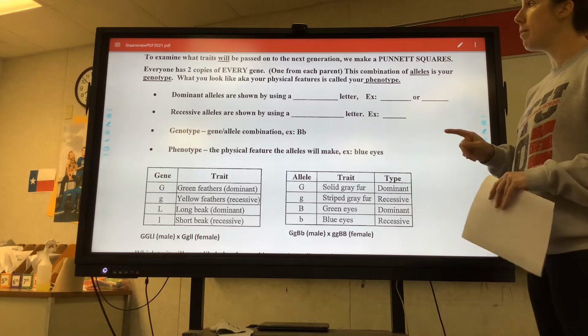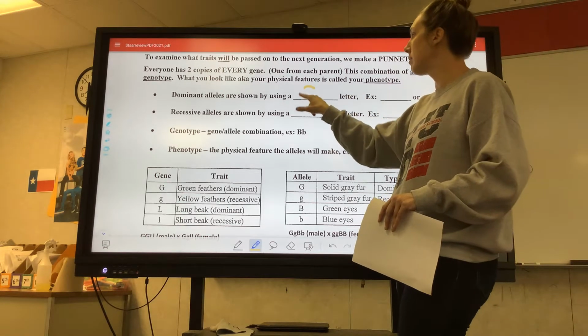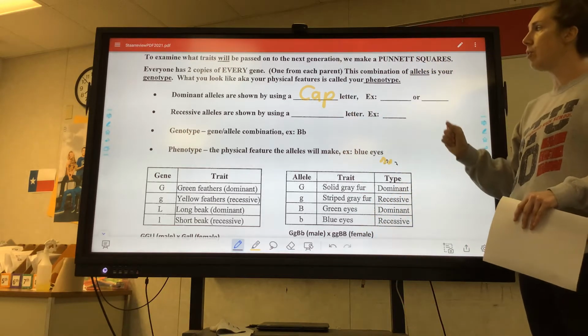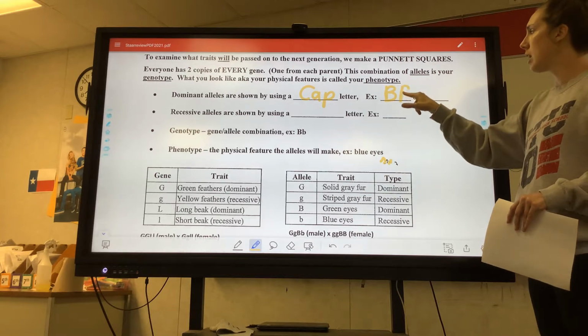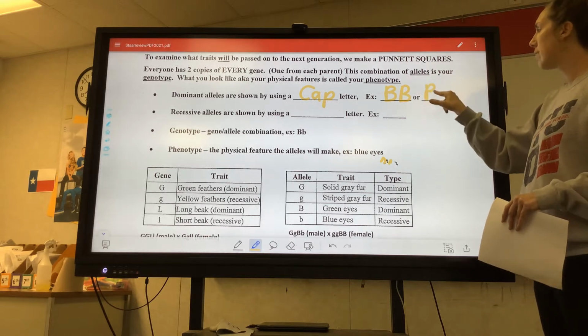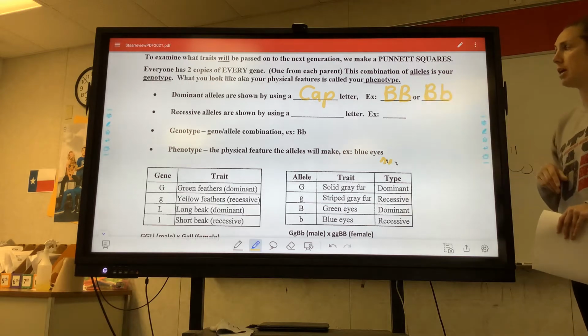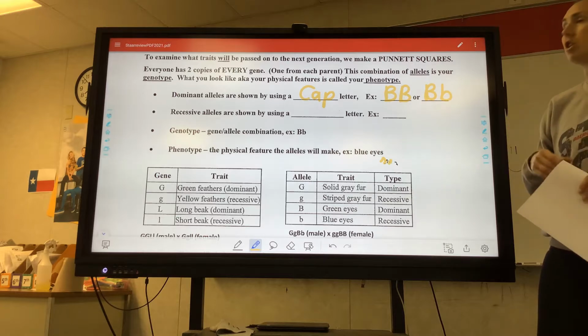So dominant alleles are shown by using a capital letter. Example, if you have dominant alleles, you can be 2 dominant, or you can have just 1 dominant. But picture the dominant being the darker allele.